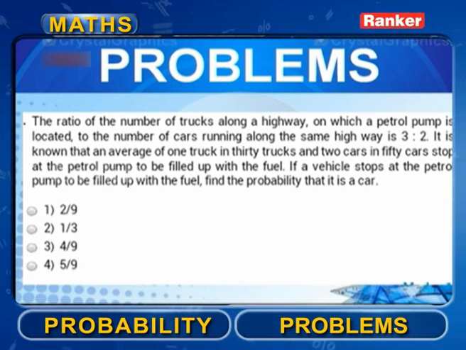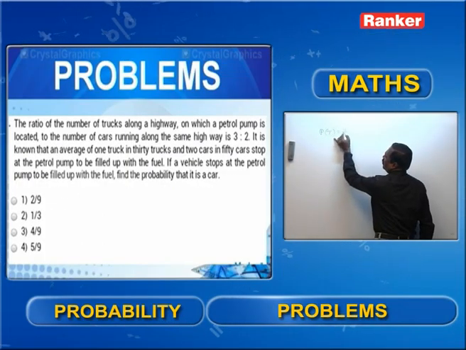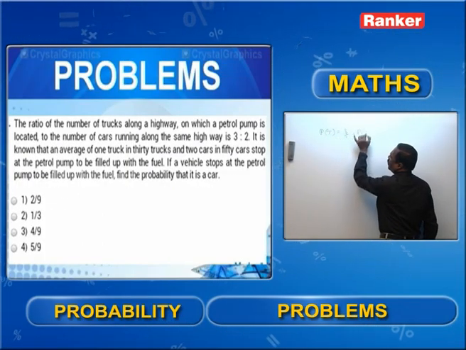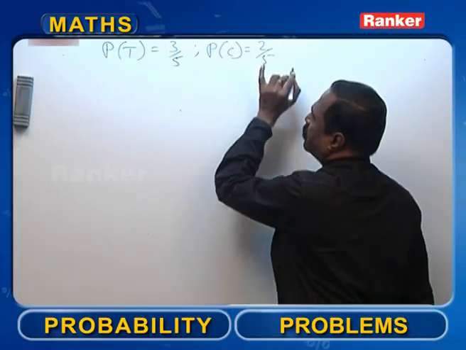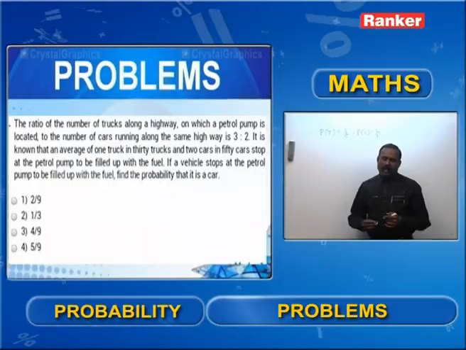So if 3 trucks are there, 2 cars will be there. So the probability of getting a truck is 3 by 5 and the probability of getting a car is 2 by 5. That must be given. Okay.